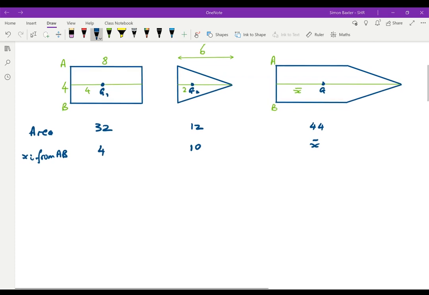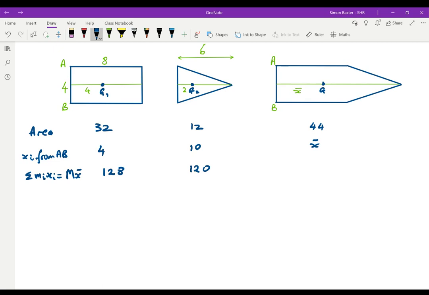Now let's look at sigma mixi is equal to m x bar. That's the same as x bar equals sigma mixi over m. Well, the area is the mi, the distance is 4. 32 times 4 is 128. For the triangle, 10 times 12, mixi is 120.